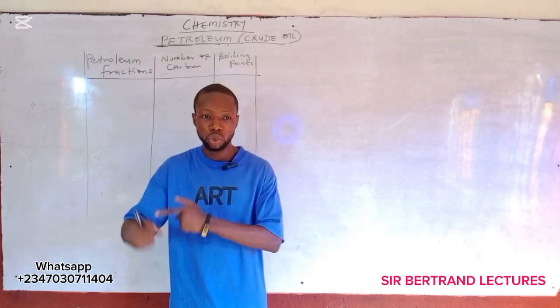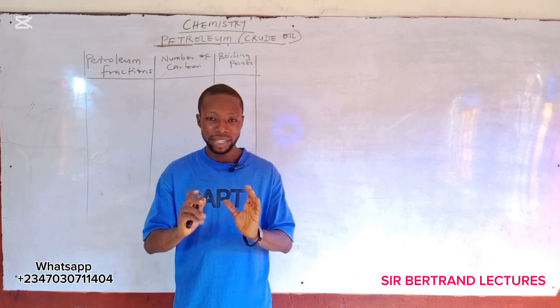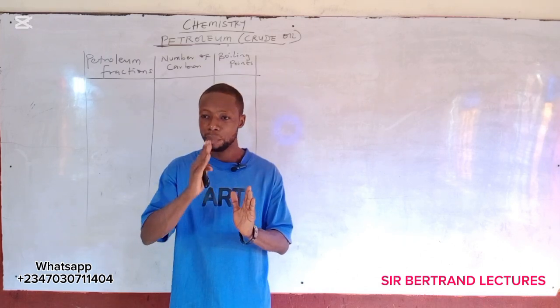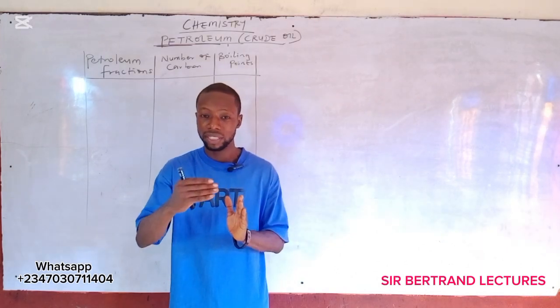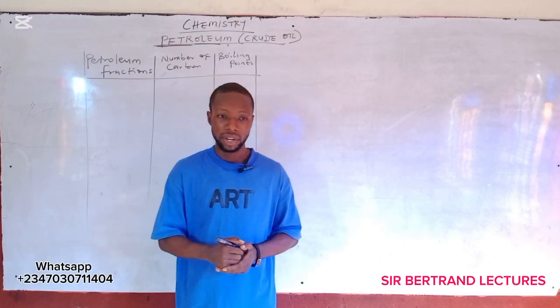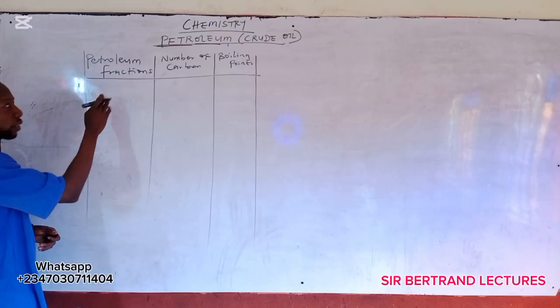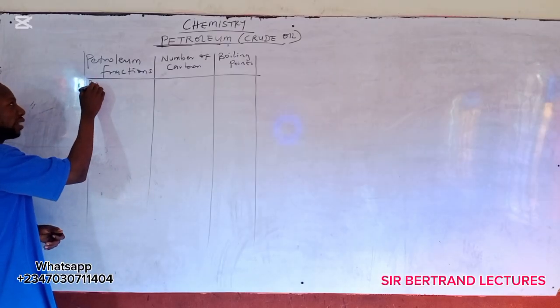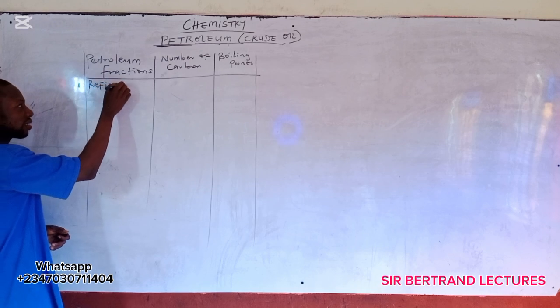So as the temperature increases, the components will start to evaporate at different boiling points. Here in the petroleum fractions, the first one we have is refinery gas.